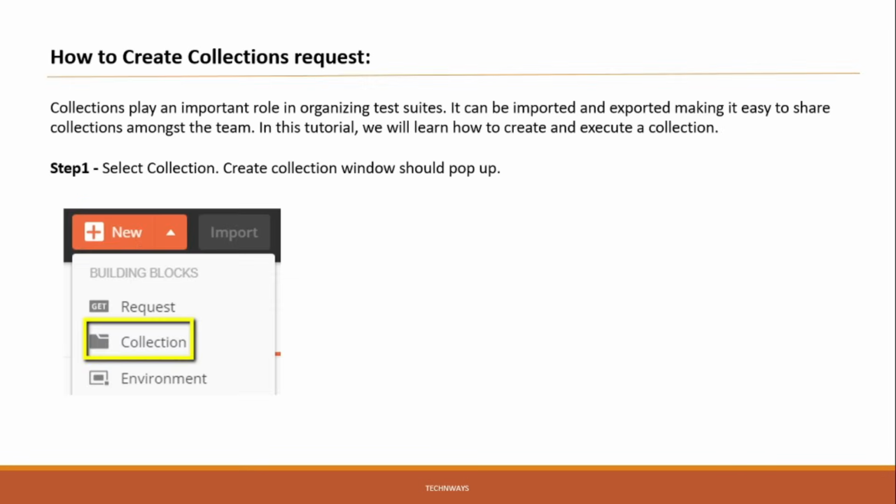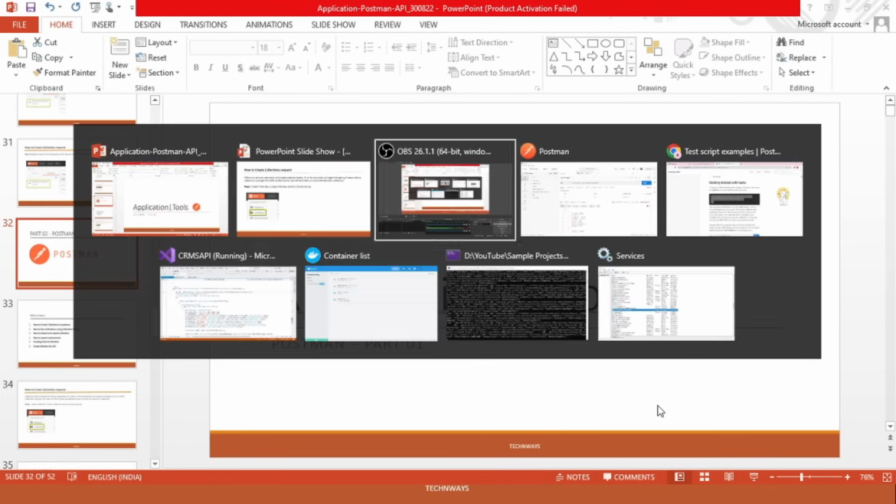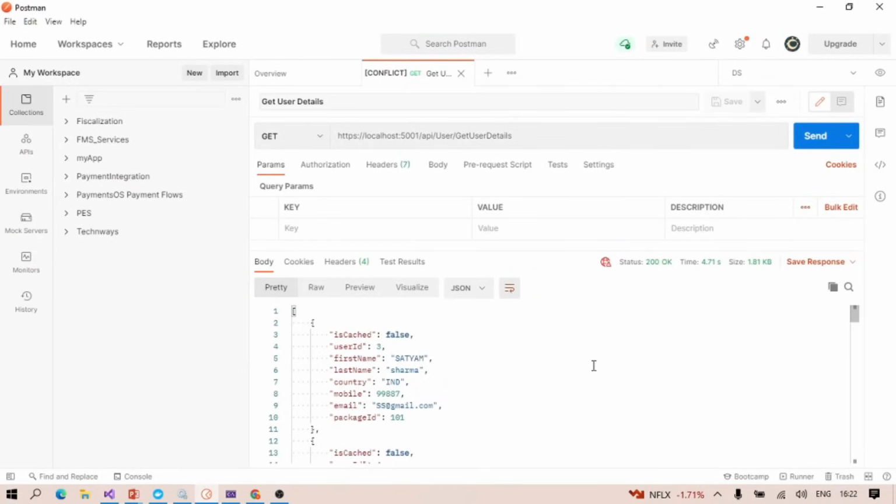Moving ahead, how to create a collection is something we already showed, so I think you are all pretty much aware of it. This is our Postman window, and these are the collections.